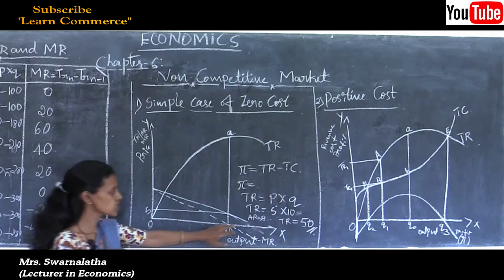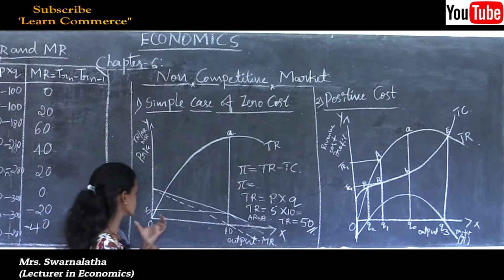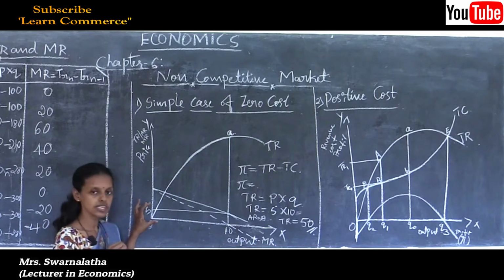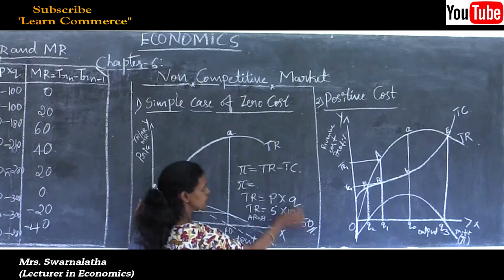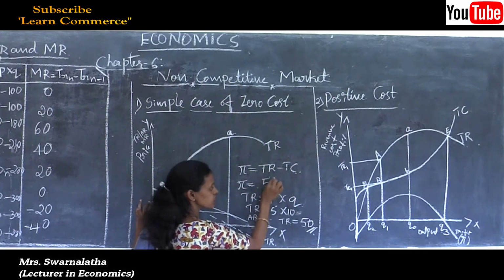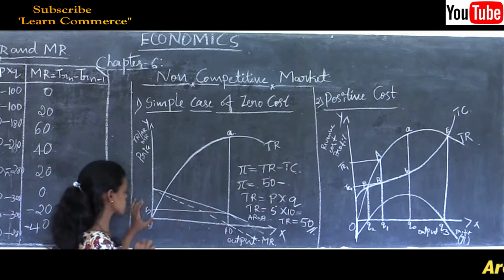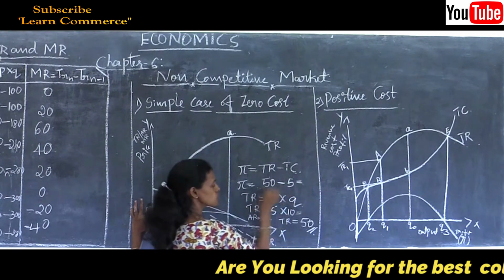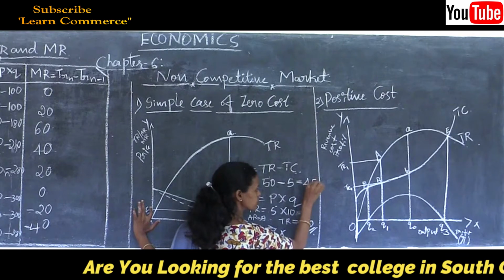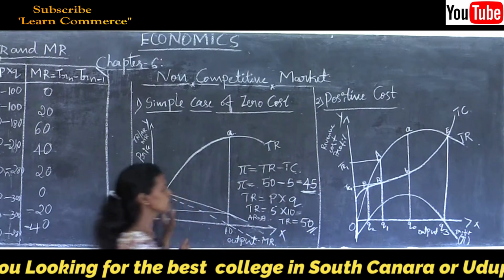Total revenue is 50. Total cost incurred on the production is rupees 5. Thus the profit is total revenue minus total cost. Total revenue is 50 minus total cost is 5. Profit is 45. 50 minus 5 is 45.